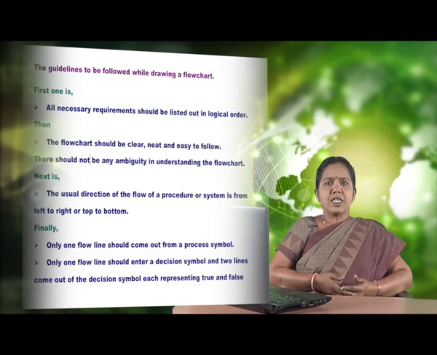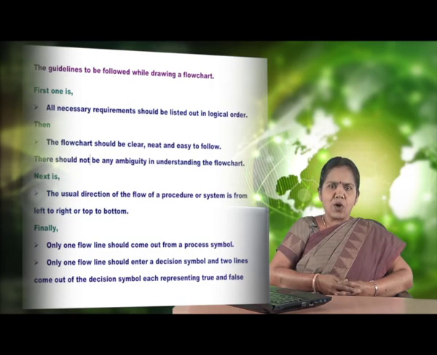Now let us enumerate the guidelines to be followed while drawing a flowchart. First, all necessary requirements should be listed in logical order. Then the flowchart should be clear, neat and easy to follow. There should not be any ambiguity in understanding the flowchart.